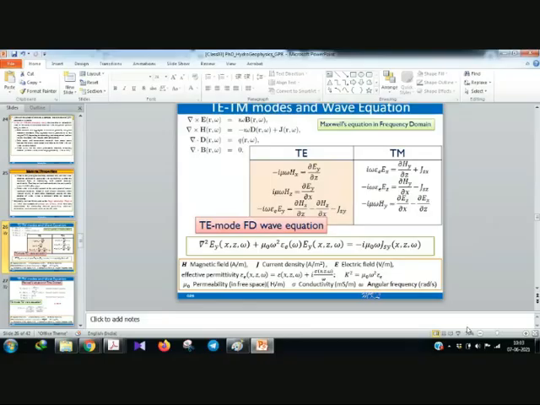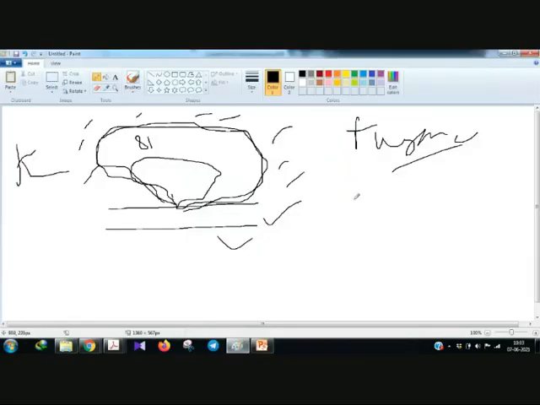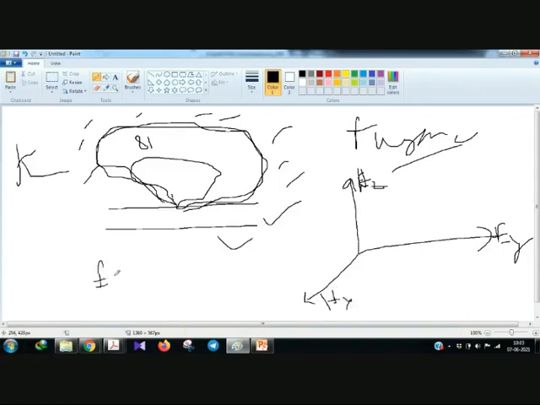Generally in the TE mode, we consider Ey, Hz and Hx. So it has these components, and the wave is propagating along this direction.